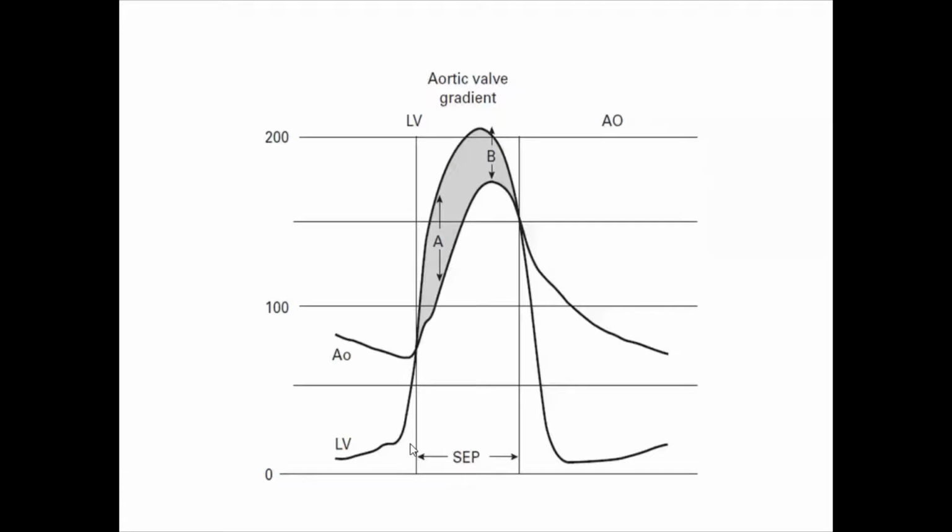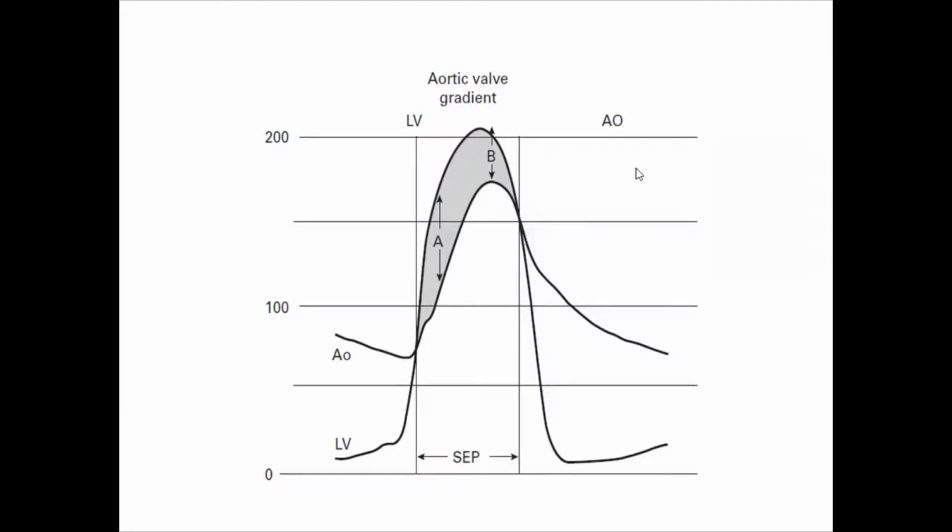The aortic systolic pressure is around 160 or 170, and the diastolic is around 70, maybe 75. What about this shaded area and letter A and letter B? What do you think? This is the mean gradient.